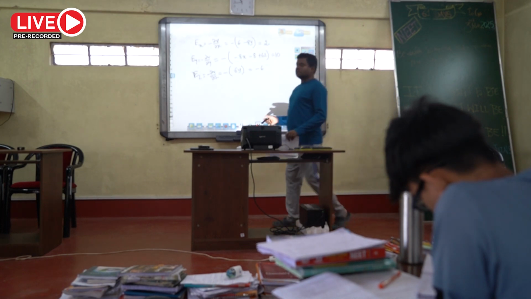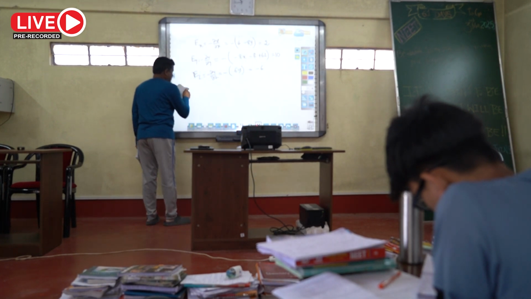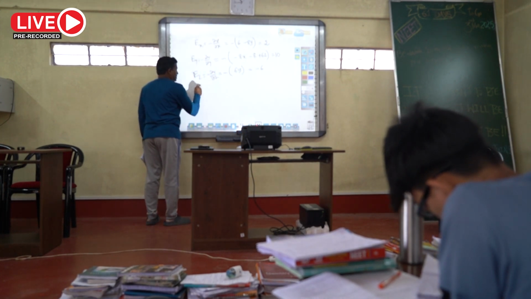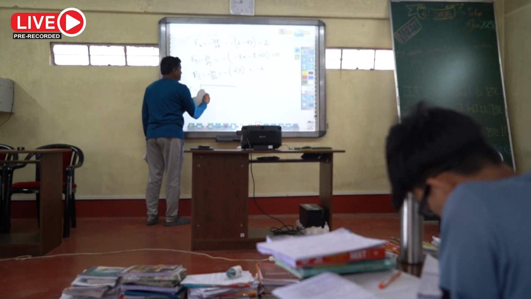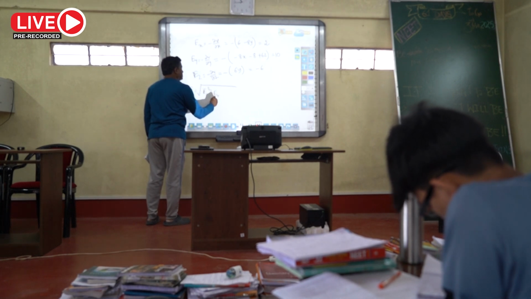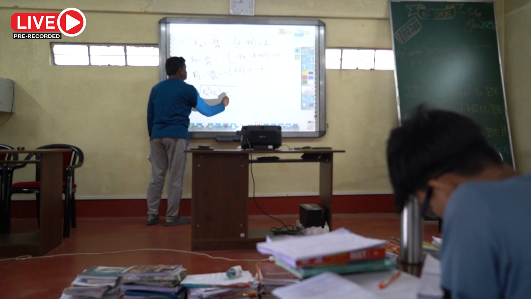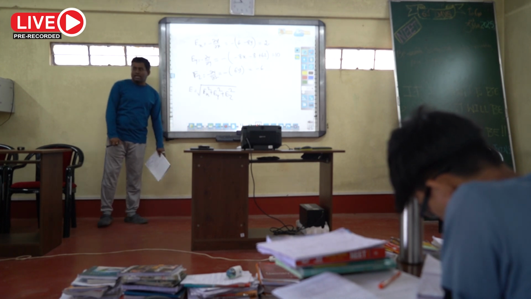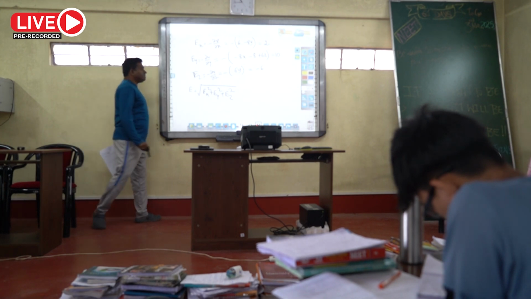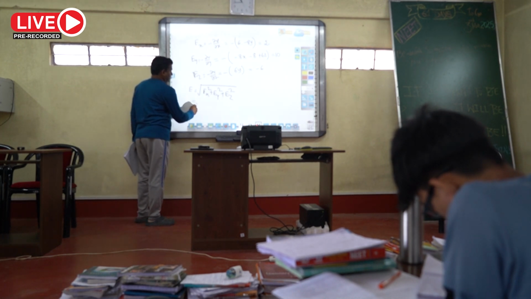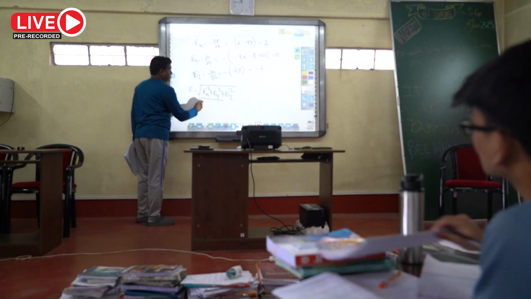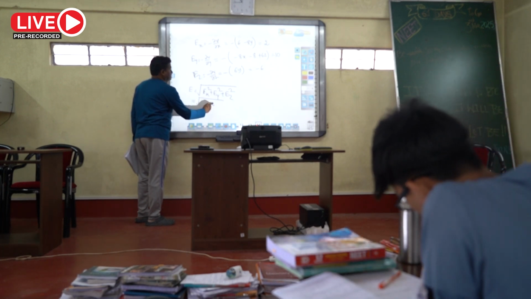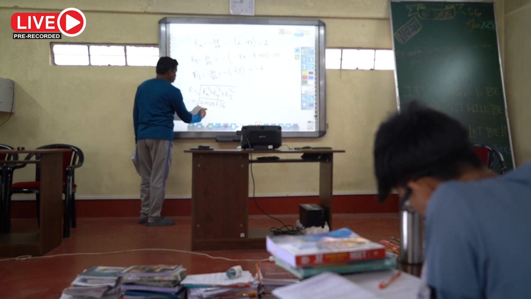So now the total electric field's magnitude at that point will be E equal to root over Ex square plus Ey square plus Ez square, because we have already calculated the components, and these components are along perpendicular axes. So E will be 2 square, that is 4, plus 100 plus 36, so it is root 140.